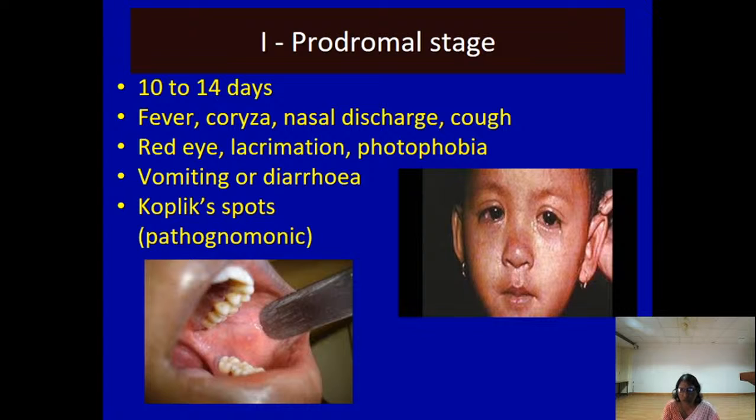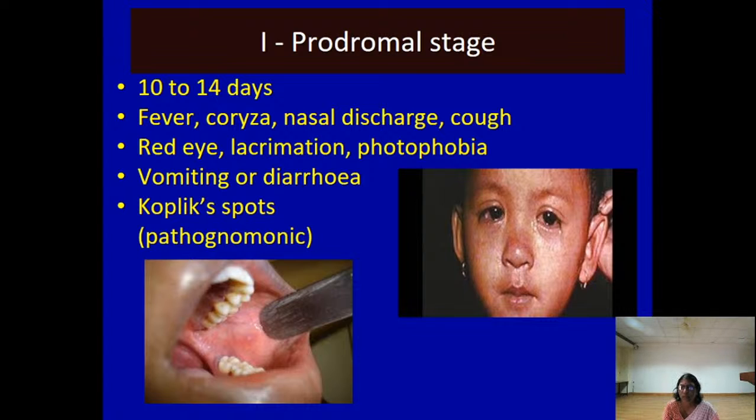When you look at the pictures, what do you see? The child has red eyes and lacrimation, and there are some spots in the mouth, the Koplik spots. The child usually has fever, coryza, nasal discharge, cough.